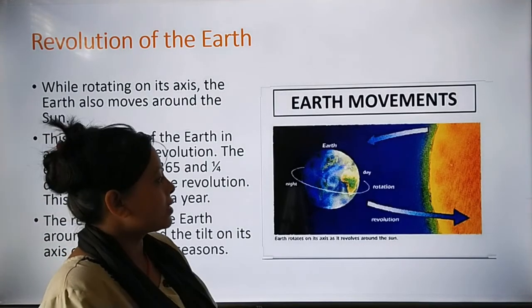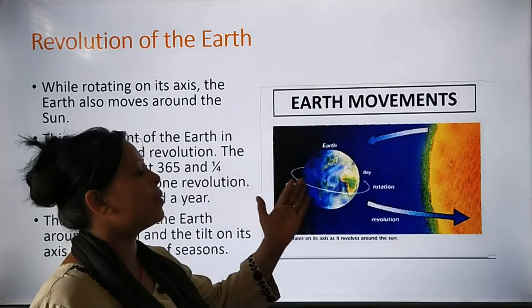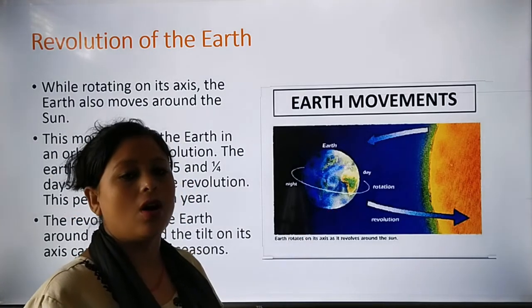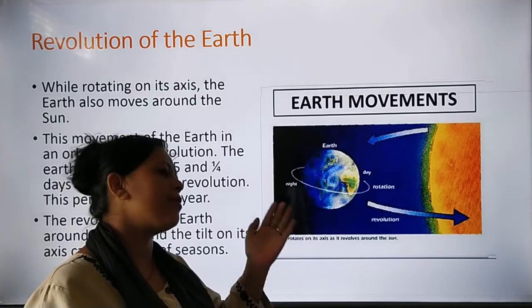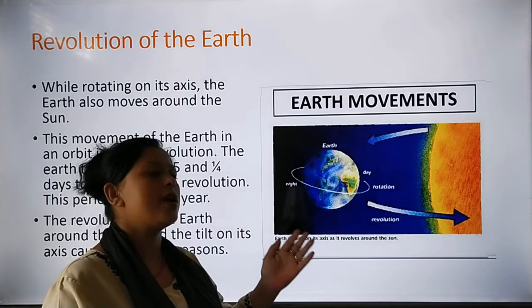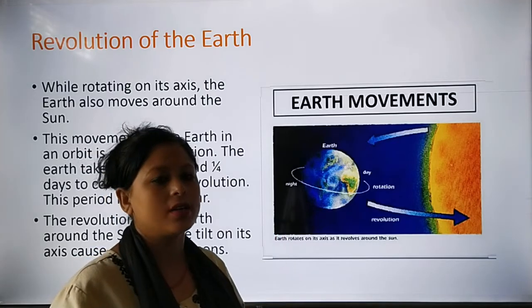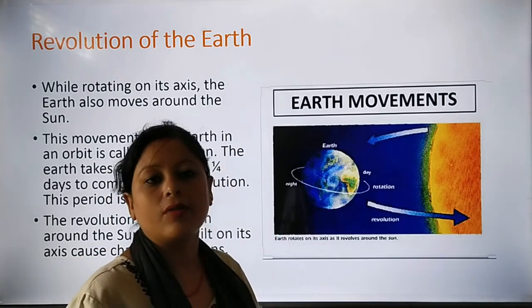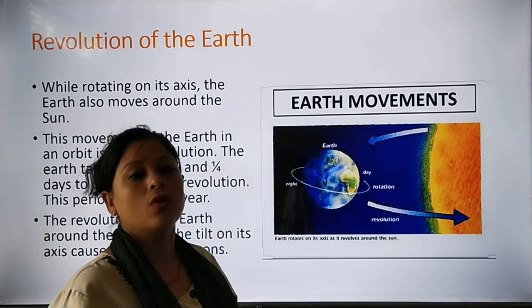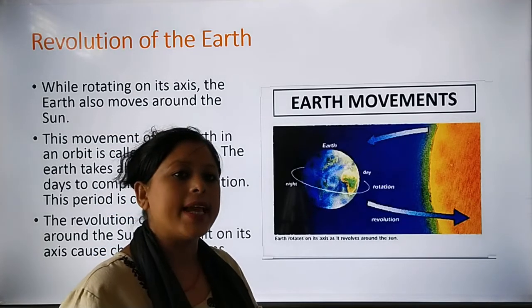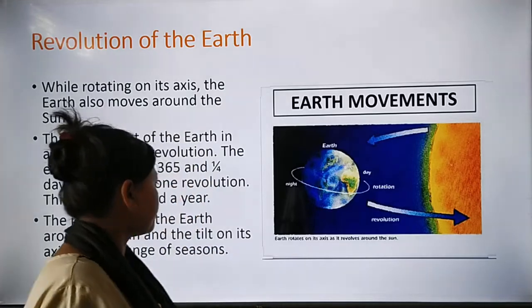So the earth also moves around the sun, and that is called revolution of the earth. To complete one revolution, it takes 365 and 1/4 days, that is, one year.